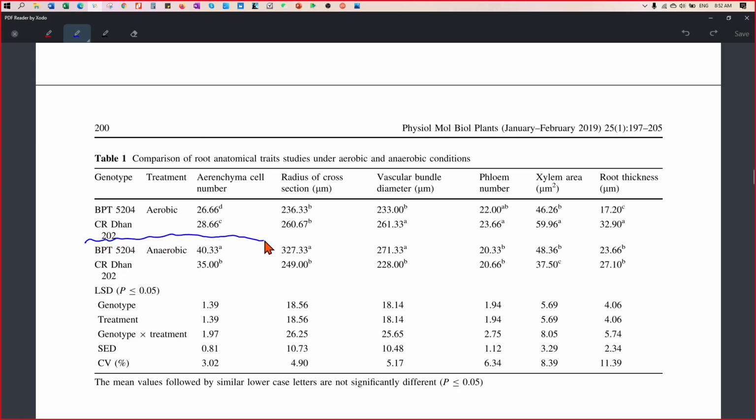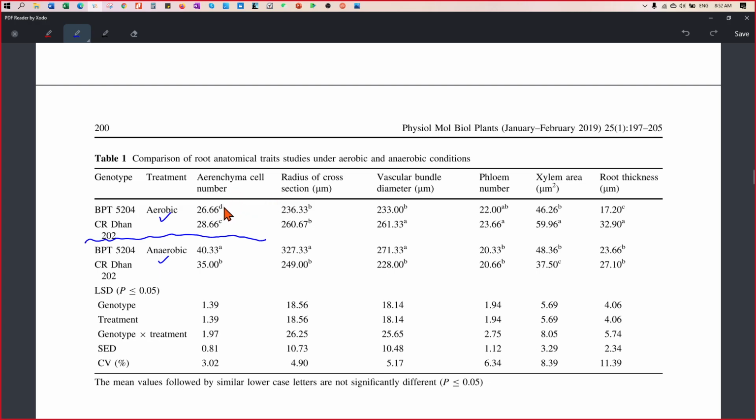Let's divide that. Okay, so you have these two grown in one environment, aerobic condition, and these two grown in anaerobic condition. So how many parameters are here? 1, 2, 3, 4, 5, 6. There are 6 parameters here.